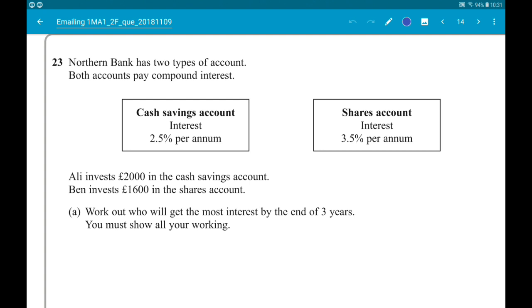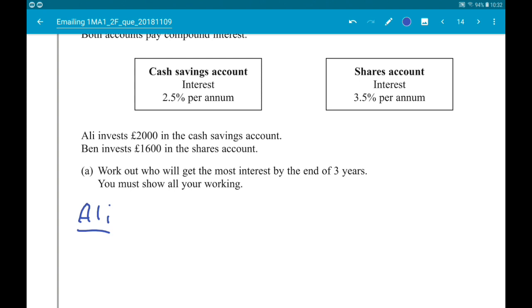Okay, so let's do Ali first. Okay, so Ali is getting 2.5% interest. So 2.5% is 0.025.